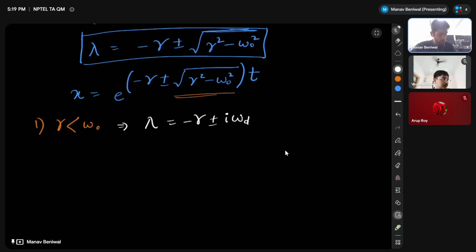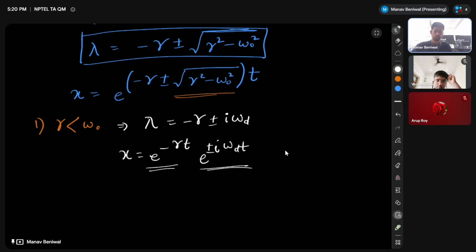And because of this i coming outside, we can write our solution x as e to the minus gamma t, and then e to the plus minus i omega d t. So this term decays exponentially, but this term oscillates, right?